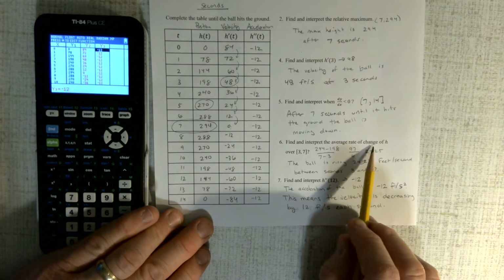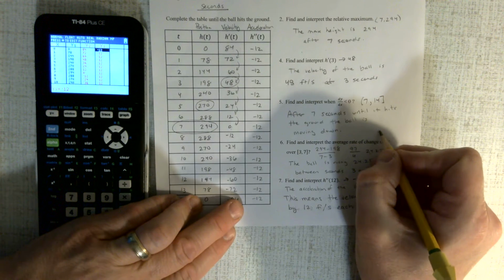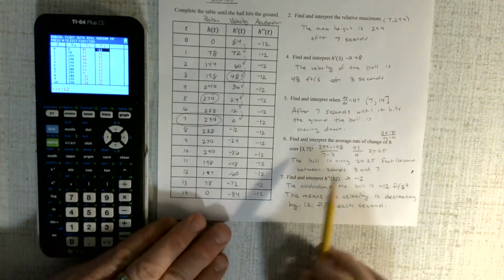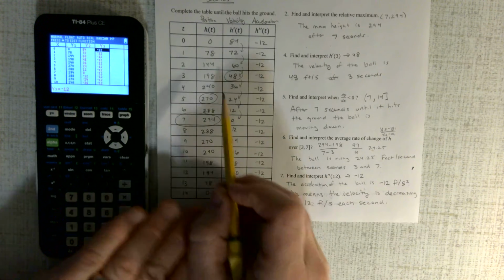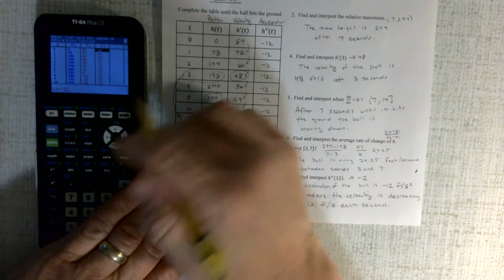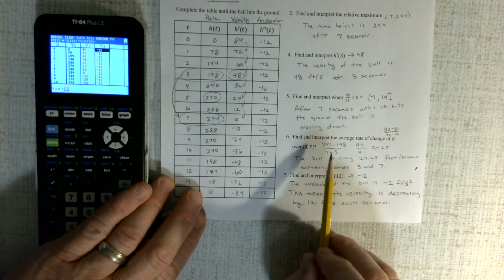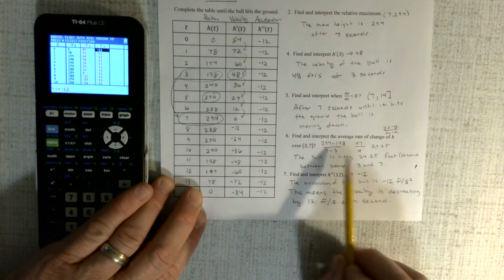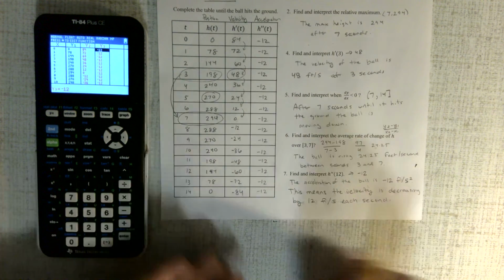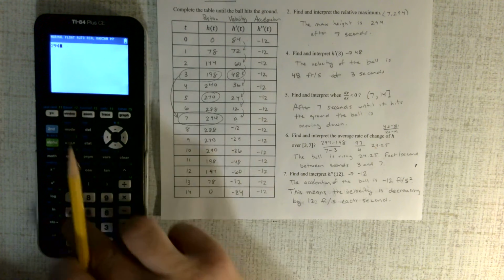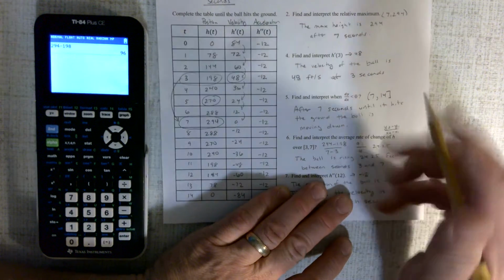Find and interpret the rate of change. Well, this is nothing more than slope. This is an algebra problem. What's the rate of change from 3 to 7? Well, here's 3. Here's 7. What's that rate of change? Well, 294 minus 198. It went up 97. 7 minus 3 is 4. Let's see here. I think I had that wrong. Let's try that again. 294 minus 198. Yeah, it's 96.